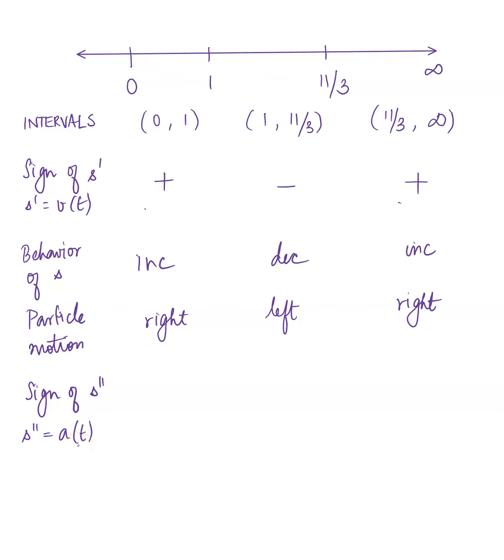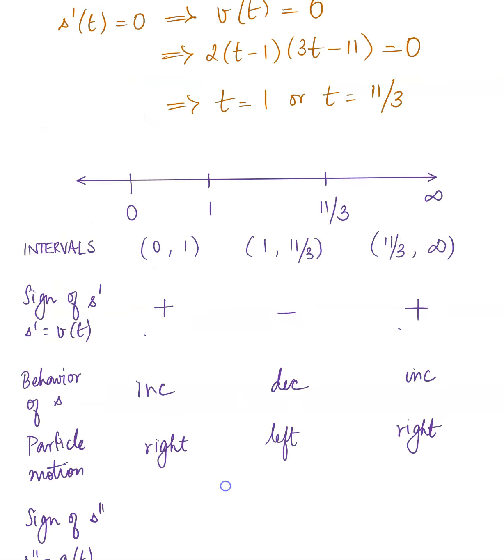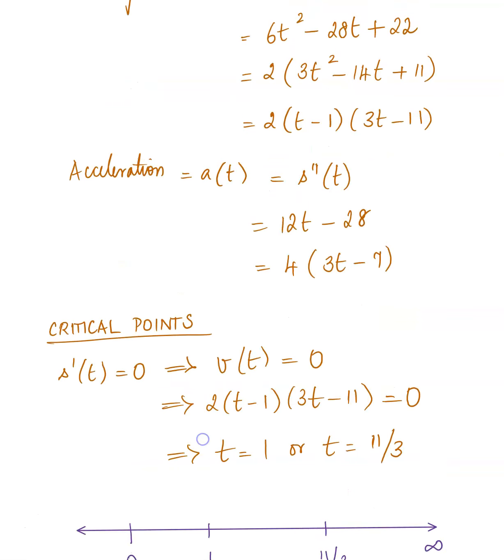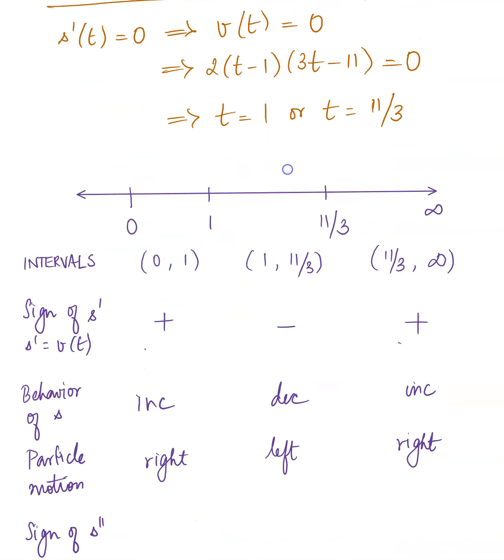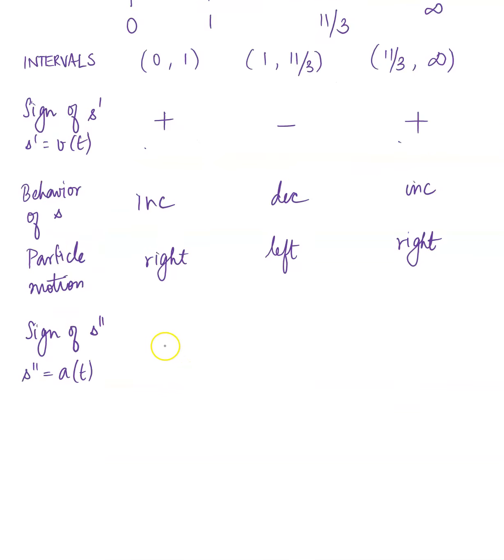For that we need to consider the second derivative's equation and set it equal to 0, because that's where we'll know where the sign changes. Which implies 4 times 3t minus 7 equals 0, which implies t is 7 over 3.